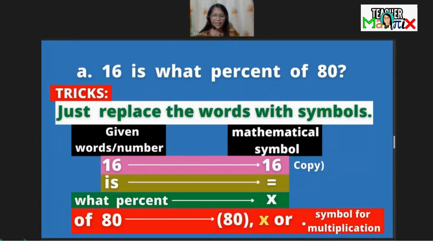And "of 80," we have here close and open parentheses and put 80 at the center, or X or dot as symbol for multiplication. I would like to repeat, "of," when you convert that into mathematical symbol, it could be represented in a form of X, close and open parentheses, or dot.